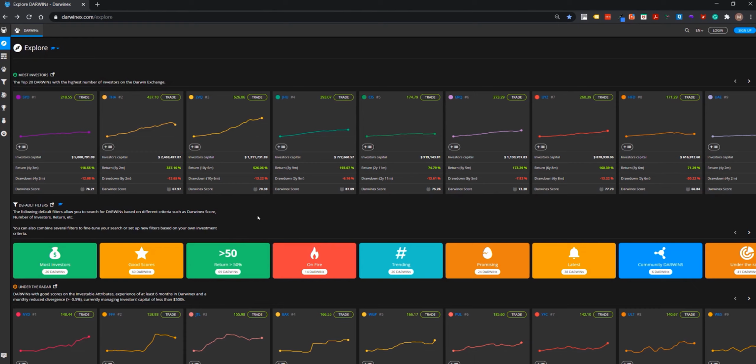Now, because we've been talking about correlation, it seems like the ideal opportunity to talk about how Darwinex measures correlation as part of its platform. And as you probably already know, different traders can make their trading strategies available for third-party investment. And that's done through what's known as the Darwin asset class.